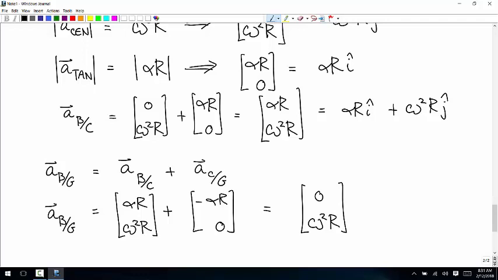So the velocity of that point that's touching the ground is 0. The acceleration is not 0, but what is 0, so this is the second requirement for rolling without slipping.